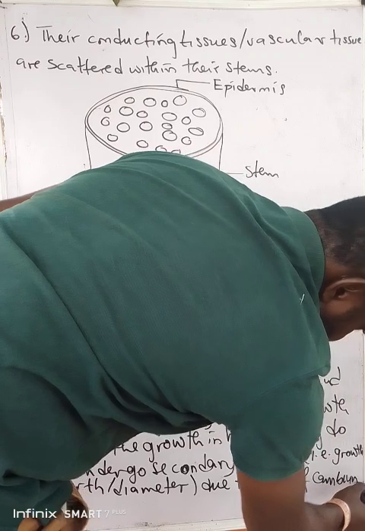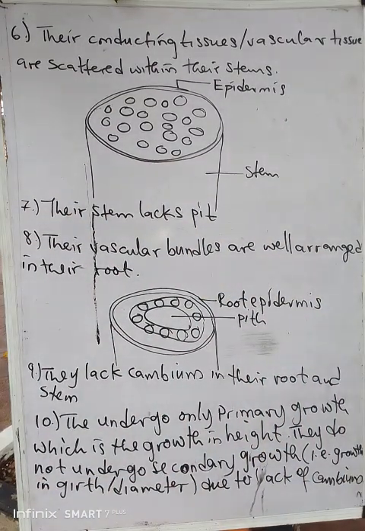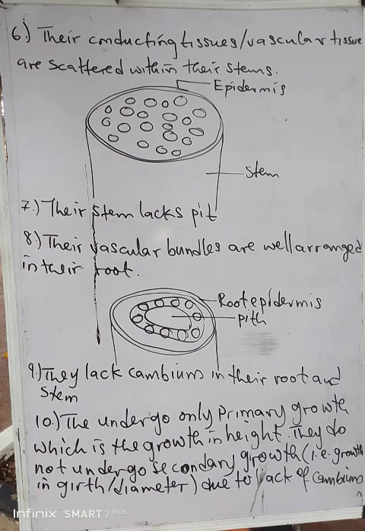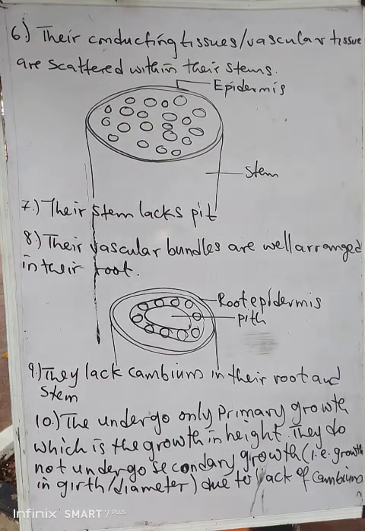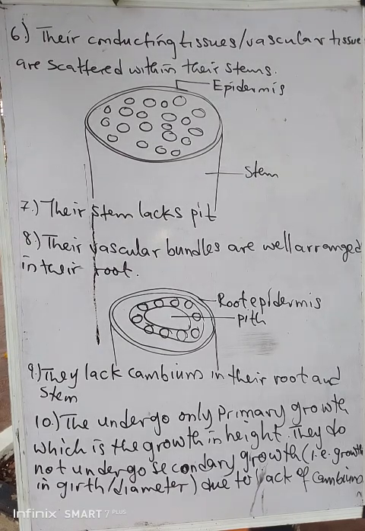I will show you what cambium is when I get to the stem of dicot. They don't have cambium, and because they don't have cambium, they cannot undergo secondary growth. You cannot see a maize plant becoming fat like a mango tree, because they don't have cambium that would have made them do so. So all these are the general properties of monocots.